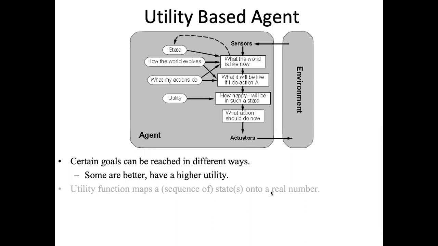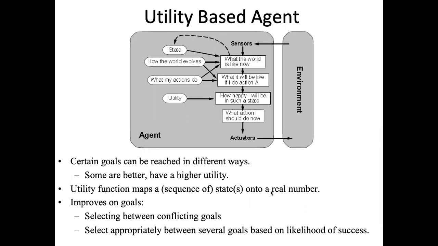Utility based agent I have already explained that कि इसमें आप performance को देखते हैं और कुछ conflicting goals को भी resolve करने की कोशिश करते हैं. जैसे आपने चार्जिंग स्टेशन की तरफ जाना है या गोल की तरफ जाना है.